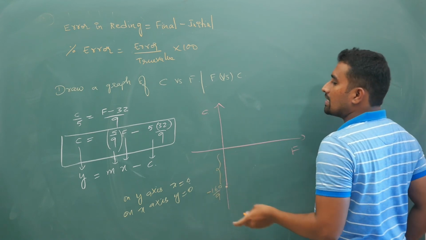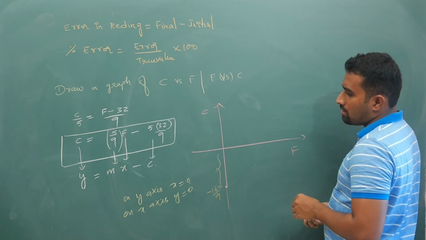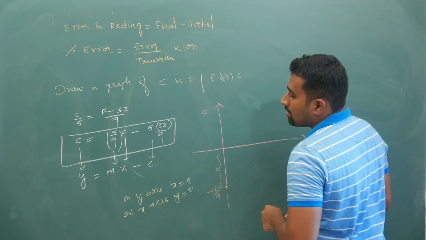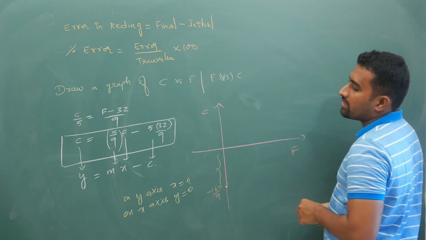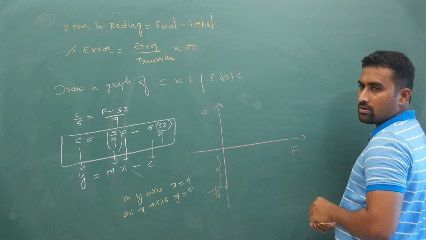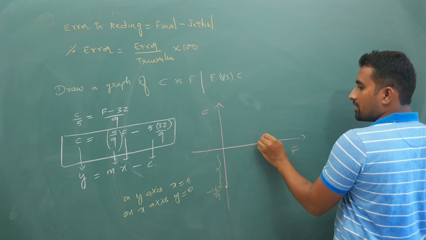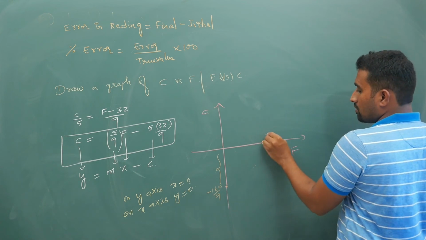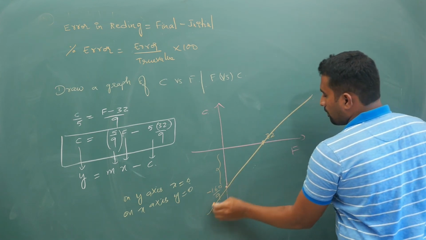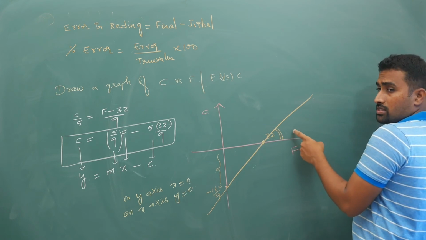And when C is 0, the 9 will go off, you are going to get 32. So when C is 0, F is 32. So it will be a straight line like this. Positive slope means acute angle with the positive x-axis.